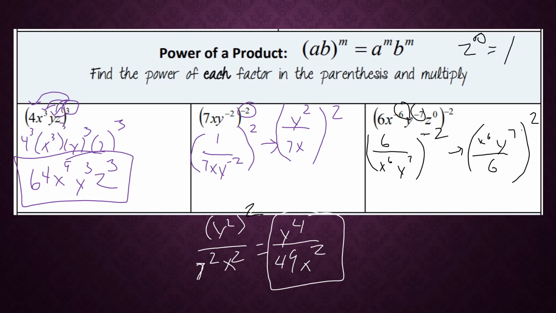So going from there, I'm going to raise every factor to the second power. Seeing as x to the 6th to the second power, we multiply our exponents to be x to the 12. Y to the 7 times 2 is 14.